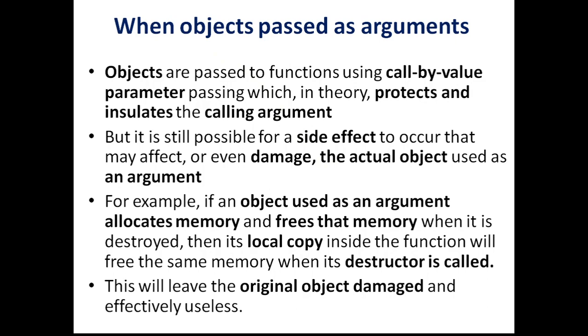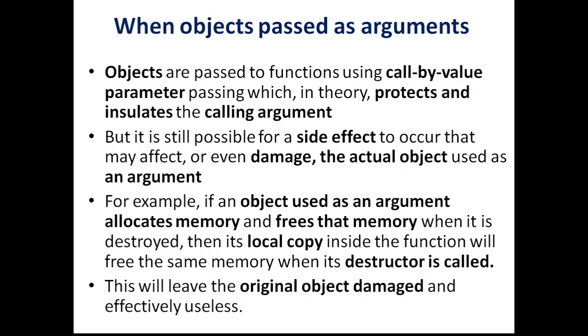This is the basis of call by value. Call by reference is just the opposite, where we explicitly pass the address of the original object or the actual object to the called function. As a result, any change made in the called function also affects the original object. So call by value is safe from any modification.